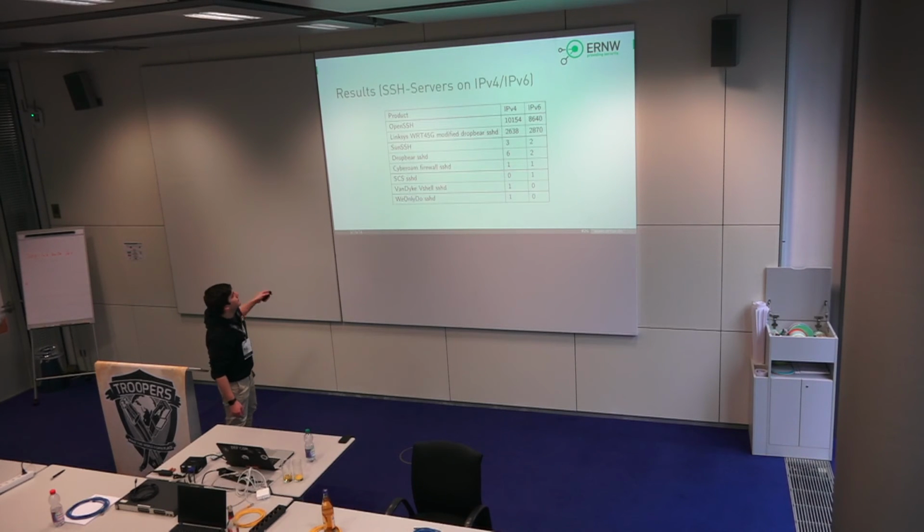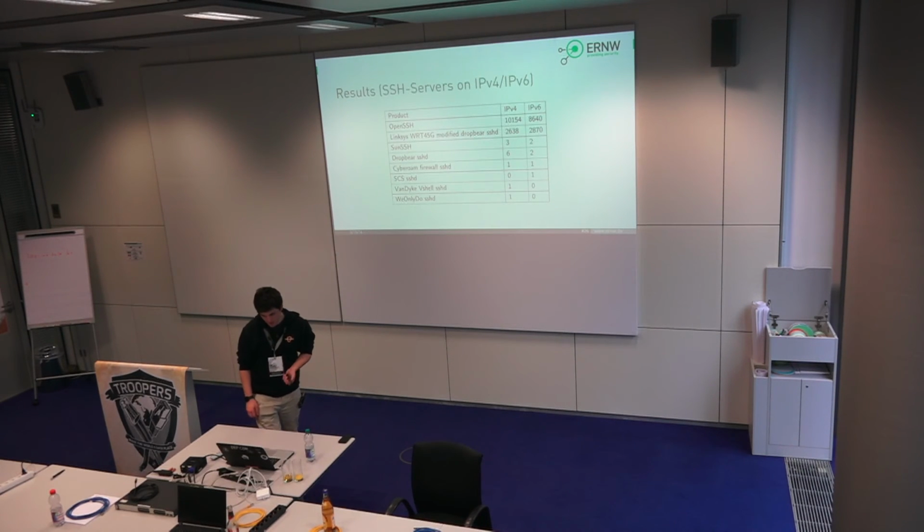The same, followed by some SSH systems I've never heard of before. Did any of you? No. Me neither. Or Van Dyke vShell. So anyways, this was the result on the SSH servers.